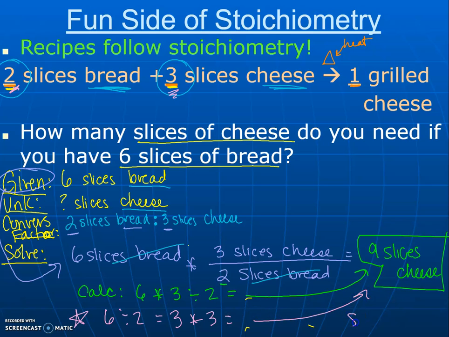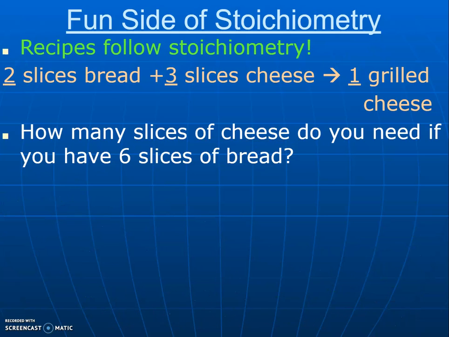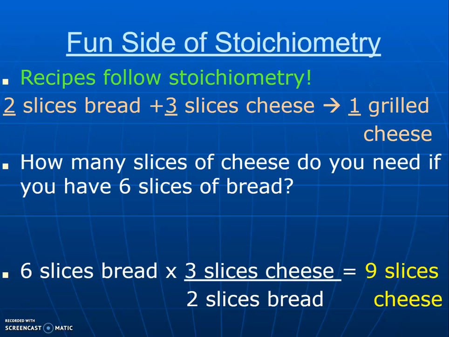Your brain is doing stoichiometry. It's very easy to do stoichiometry in your head with cheese and bread and lemonade and marshmallows and whatever kinds of cheeseburgers recipe that you have, but it gets a little bit tougher when it comes to molecules and moles and formula units and things like that.